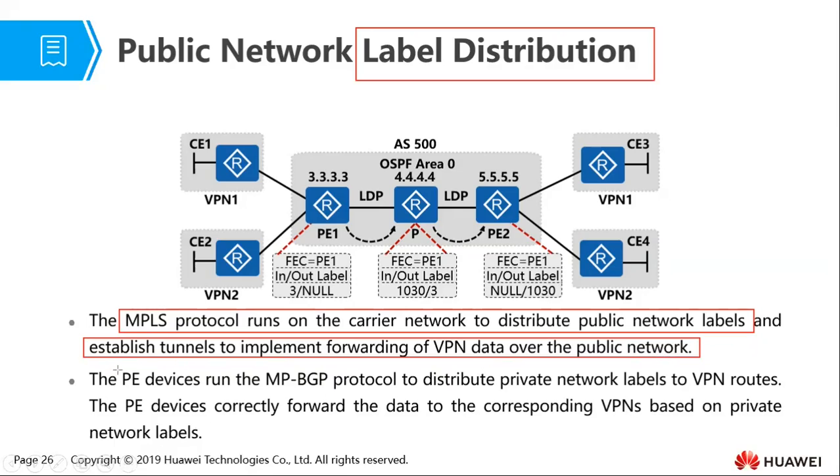The PE device runs the MP-BGP protocol to distribute private network labels to VPN routes. Then the PE device correctly forwards the data to the corresponding VPN based on private network labels.